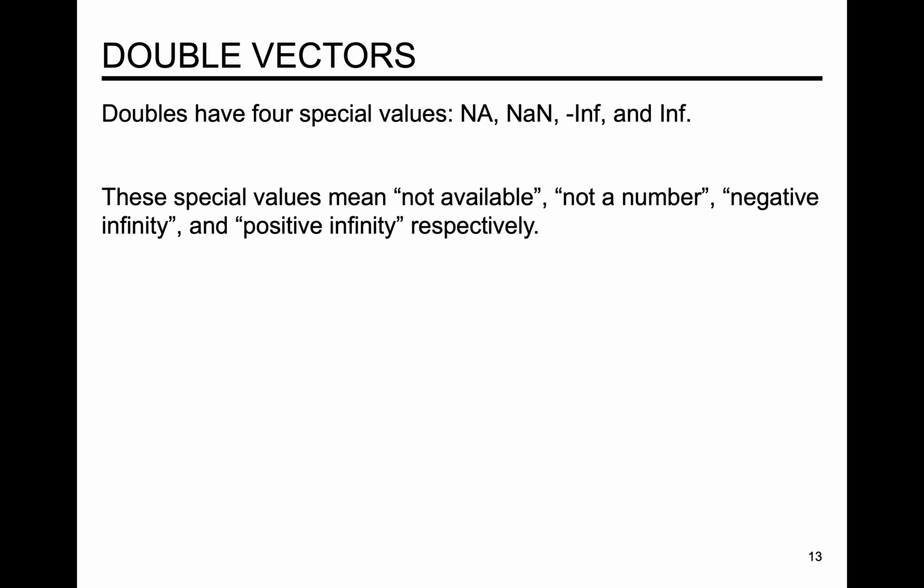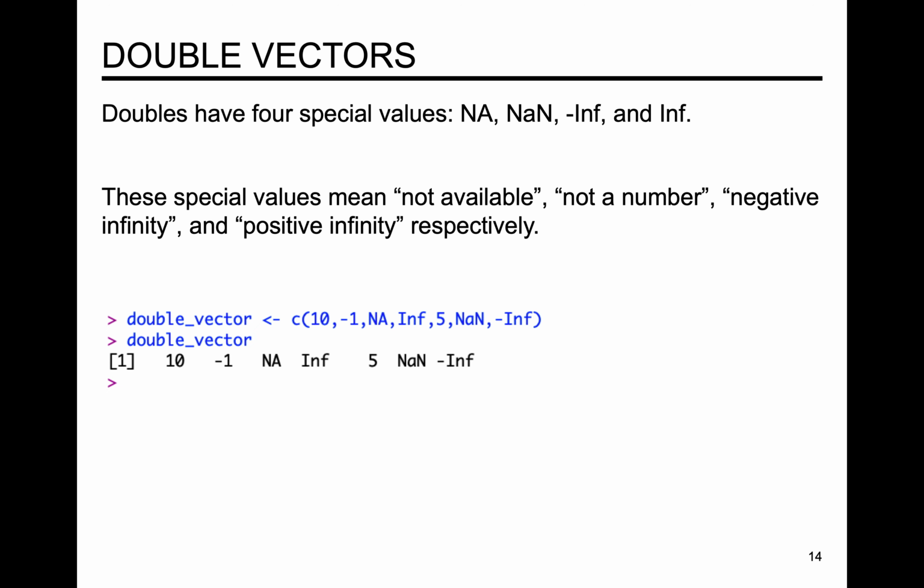So that means when you create a double atomic vector, you can put in a double or one of these 4 special values and no other elements. So here I show an example of this. On the first line, I create a vector using the C function, and I put in the elements 10, -1, not available, infinity 5, not a number, and minus infinity.